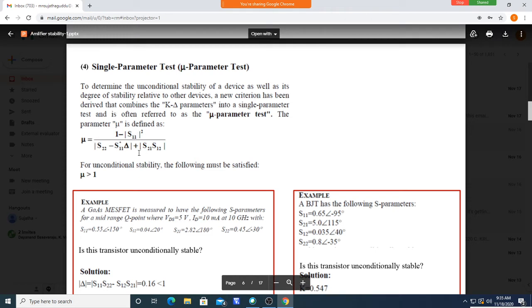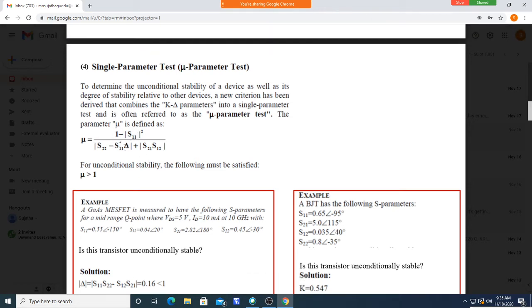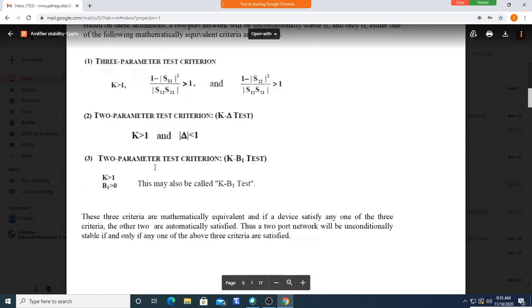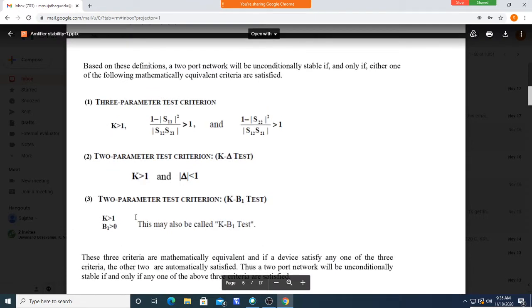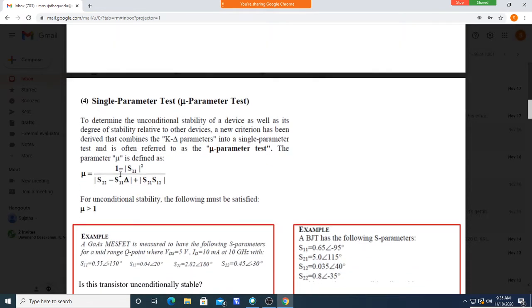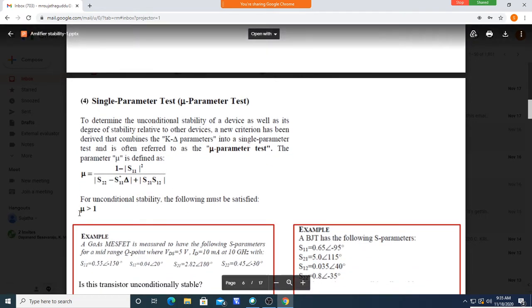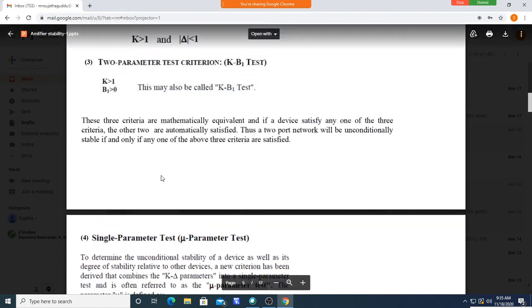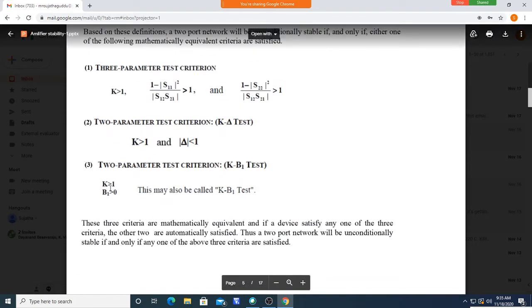But to calculate mu manually is difficult, so usually we go through the K delta method or the K B1 method. They are easy to do. Even though it is a single parameter check, the calculation itself takes more time. That's why usually we follow either of these. Better to use this method in the examination.